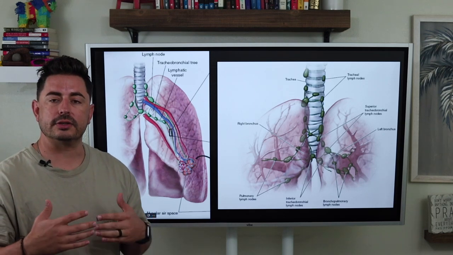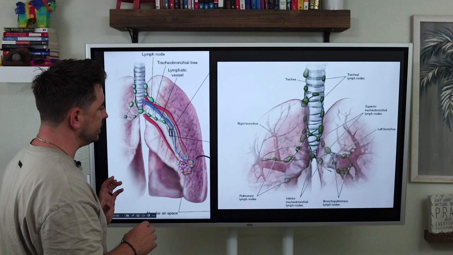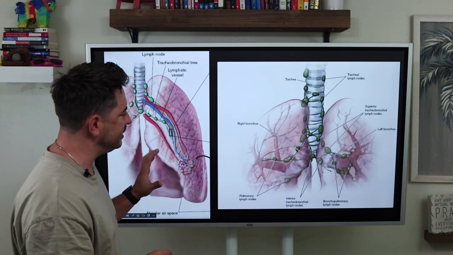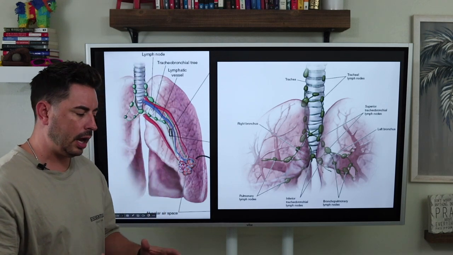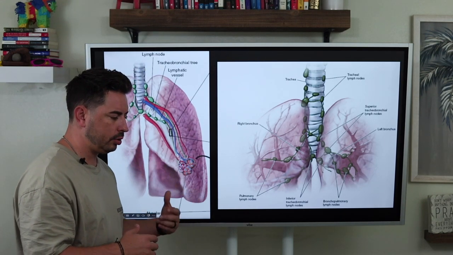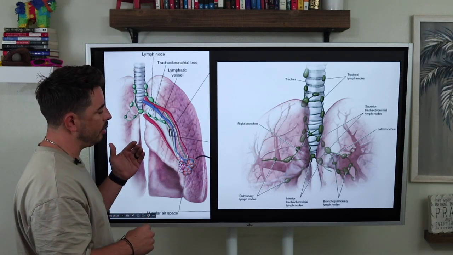Superficially, these structures are found in the visceral pleura, and then whenever we start to dive deeper into the dense connective tissue, it wraps around the bronchioles, the bronchi, and also the pulmonary arteries and the pulmonary veins.